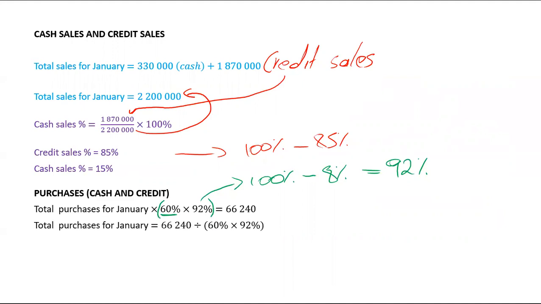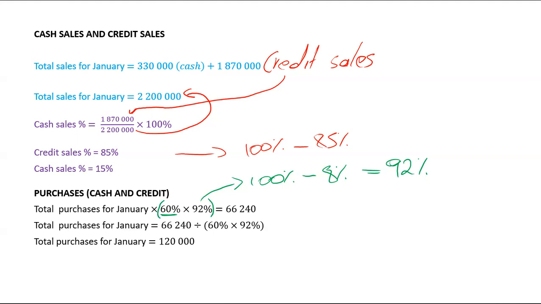It'll give me my total purchases for January. However, I'm only looking for cash purchases for January. So how do I get cash purchases for January? I will simply take that 120,000, which is the total purchases, and multiply it by my cash percentage, which is 40, and divide it by 100.